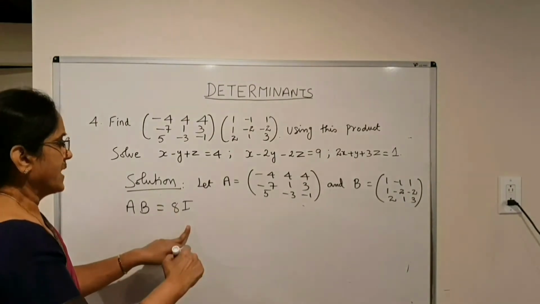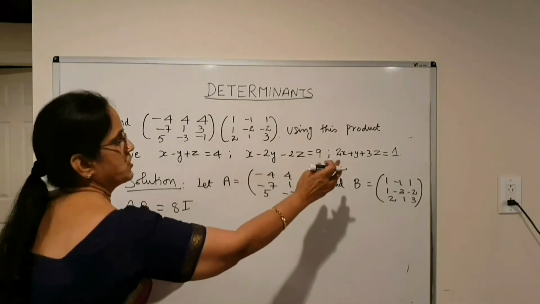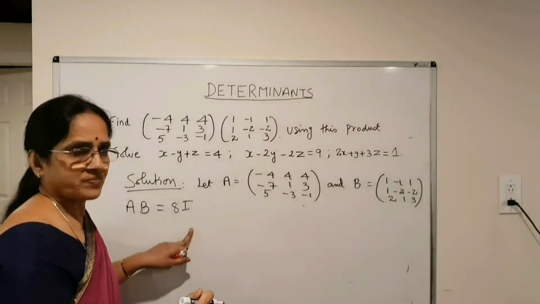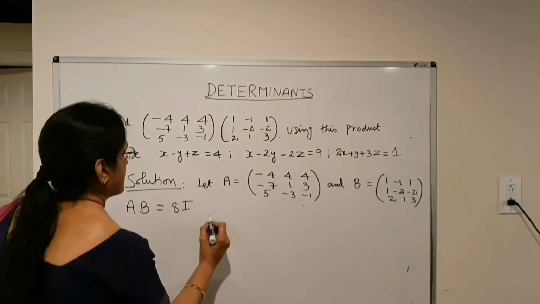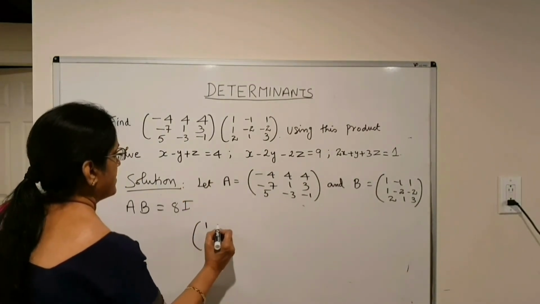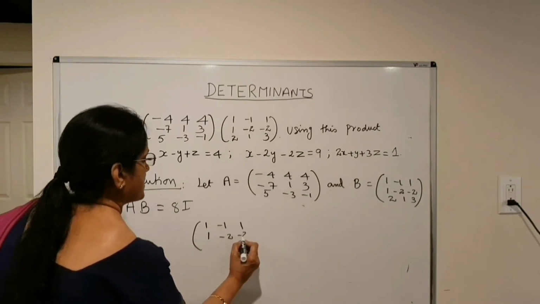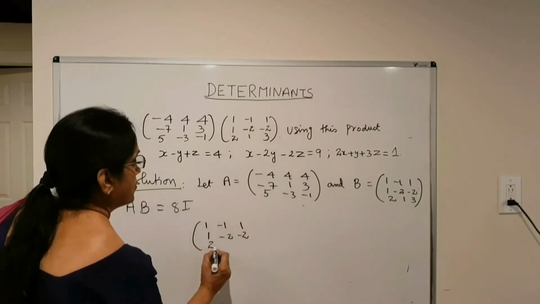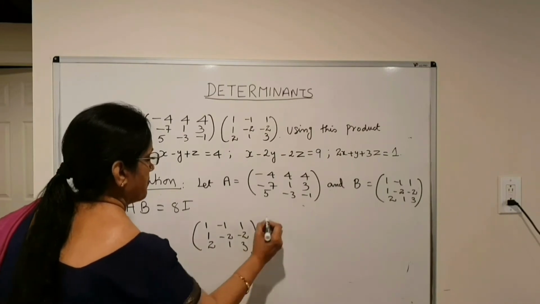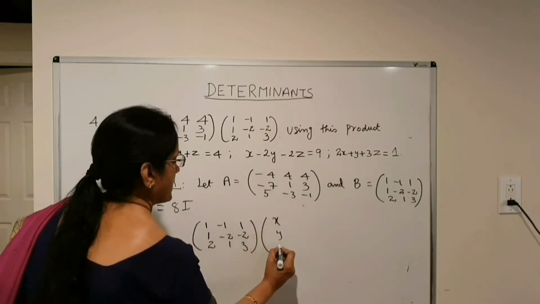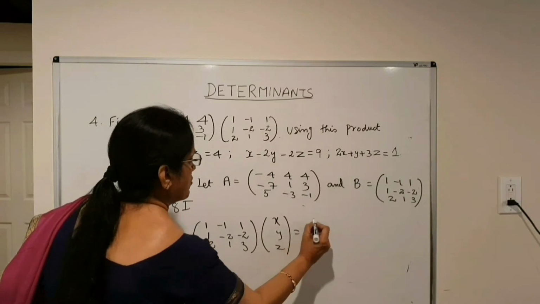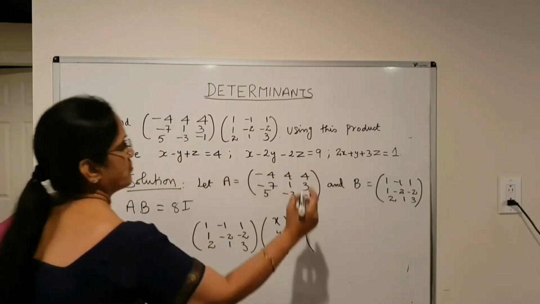Now let me write the given system of equations in matrix form. I will be getting [1, -1, 1; 1, -2, -2; 2, 1, 3] multiplied with [x; y; z]. This will give me [4; 9; 1].